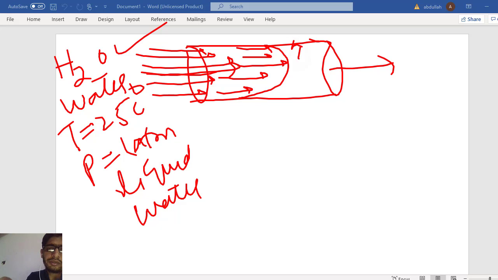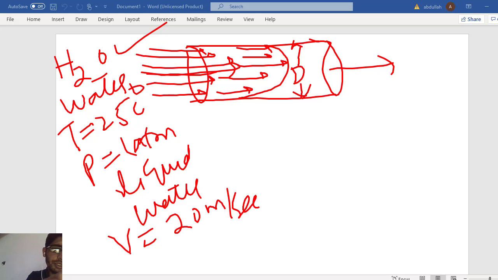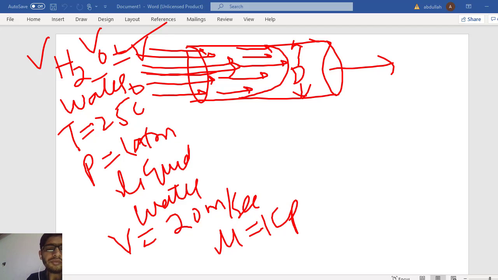This is the diameter of the pipe, and suppose water is flowing at a velocity of 20 meters per second. The velocity of the water is denoted by v, and this is the viscosity of water at 25 degrees C. Suppose it is 1 centipoise. Now what will be the Reynolds number of water in this pipe?